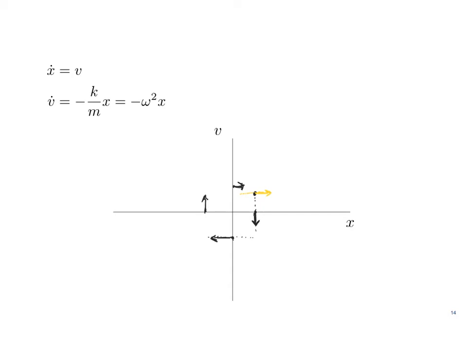Okay, so I have something like this, and you just sum the two vectors and you get something like this. So basically you can do the same thing for all points. And if you keep doing this, you realize that this is actually a circle.